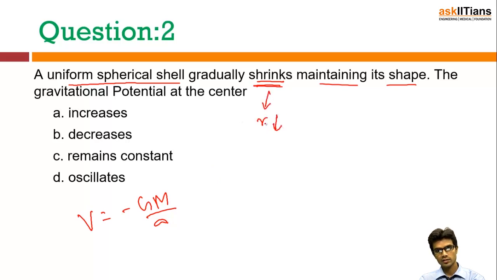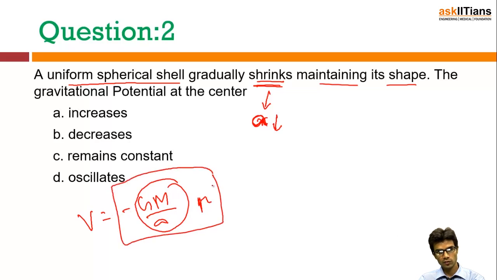When radius a decreases, the magnitude of this value will increase. But due to the negative sign, the overall value will decrease. So option B is the correct answer. Gravitational potential at the center will decrease. Thank you. This part is completed.